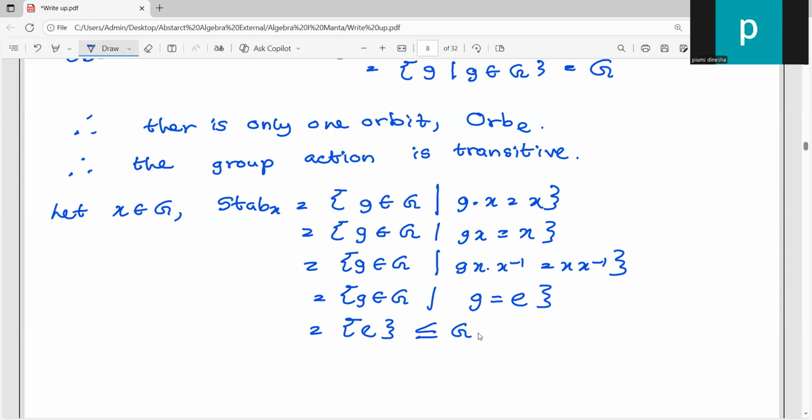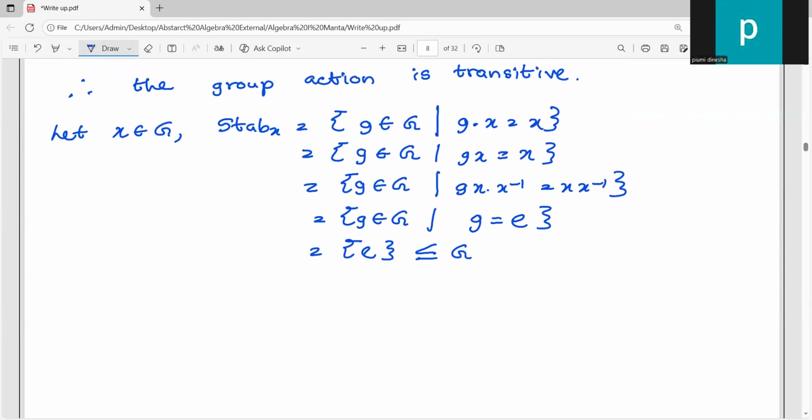So any element that you take from this set will only be fixed by the identity, not by any other element.